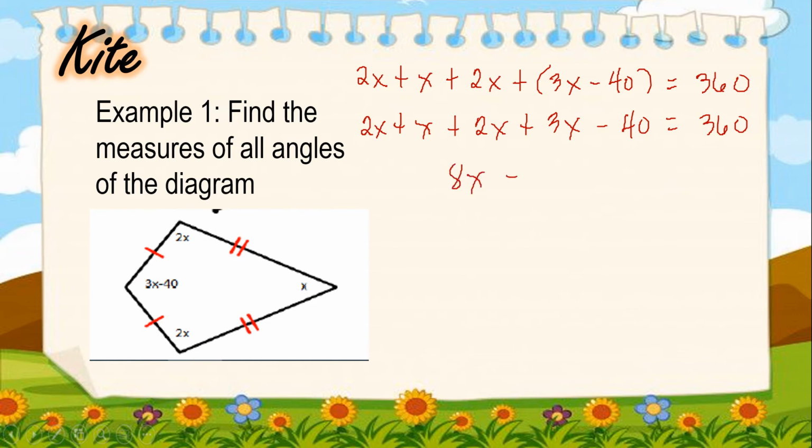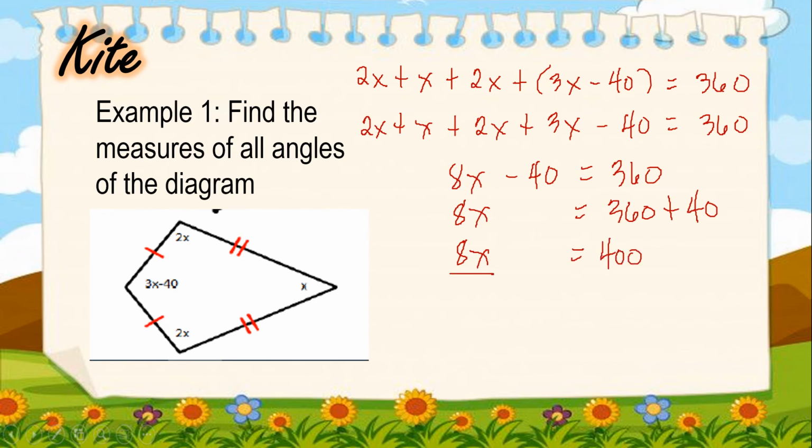So we have 8x minus 40 is equal to 360. 8x is equal to 360 plus 40, which is 400. Divide both sides by 8. Therefore, x is equal to 50.